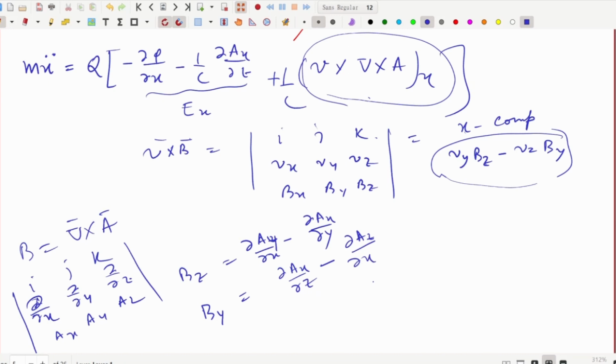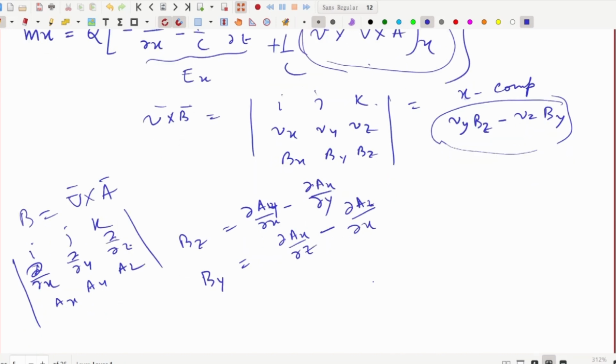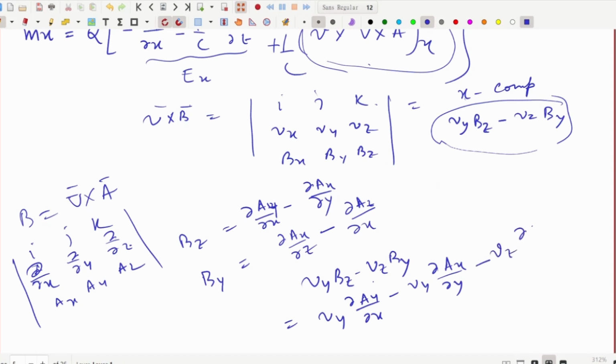So, now let us calculate what is V y B z minus V z B y, which is the x component of V cross B. Now we have calculated this. So, V y B z will be V y del A y del x minus V y del A x del y, and minus V z B y will be minus V z del A x del z plus V z del A z del x.